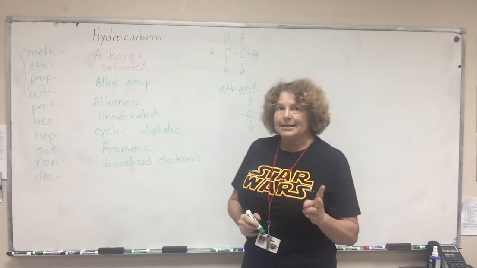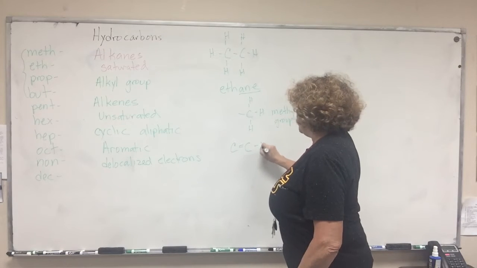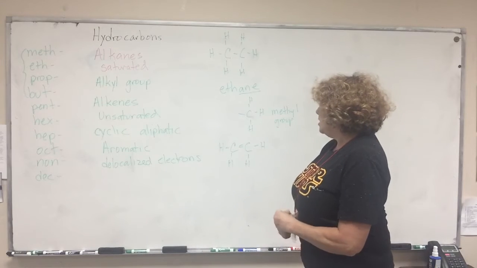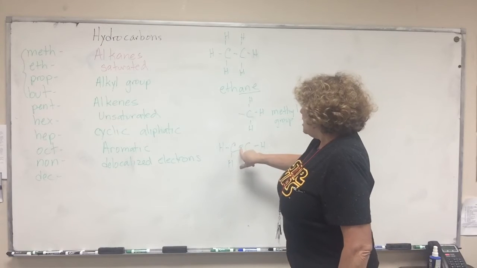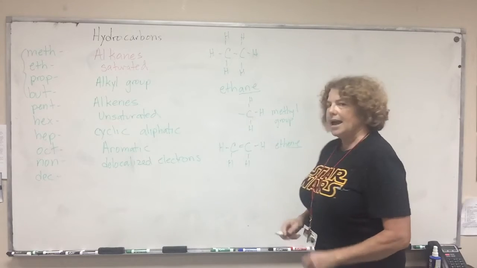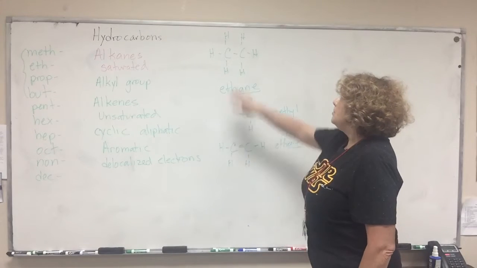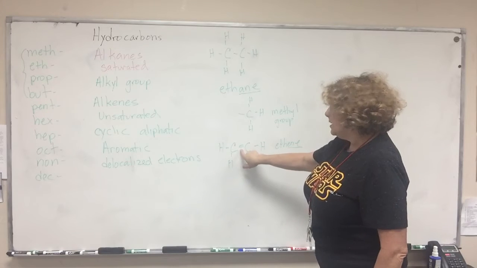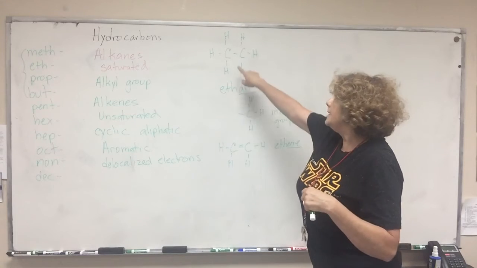Now, alkenes: the ending ene means you have a double bond in there somewhere. Notice I can't put as many hydrogens in an alkene because this bond is tied up between these two. So this would be ethene, and ethene would be C2H4. This would be C2H6. However, this can be broken and you can make it into this.